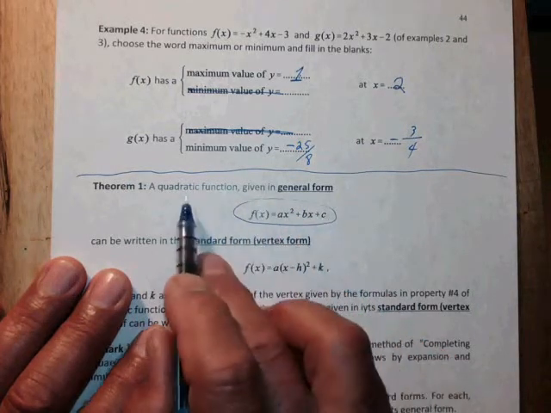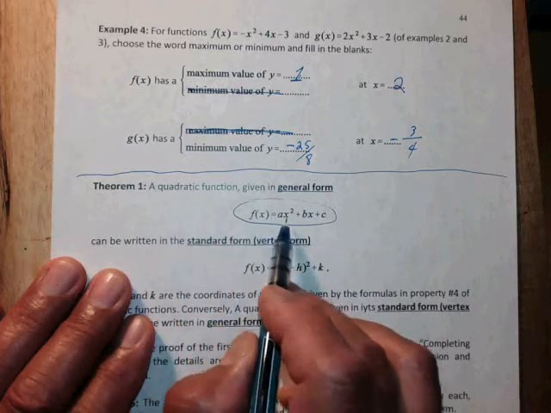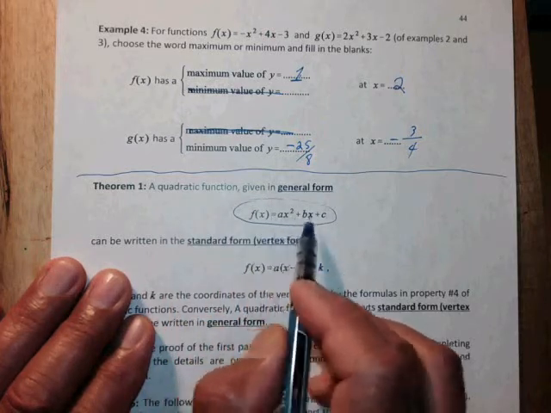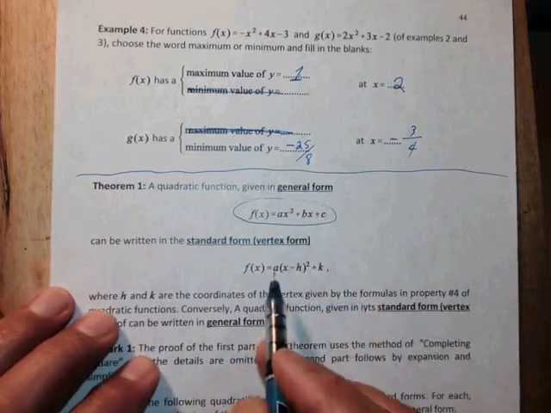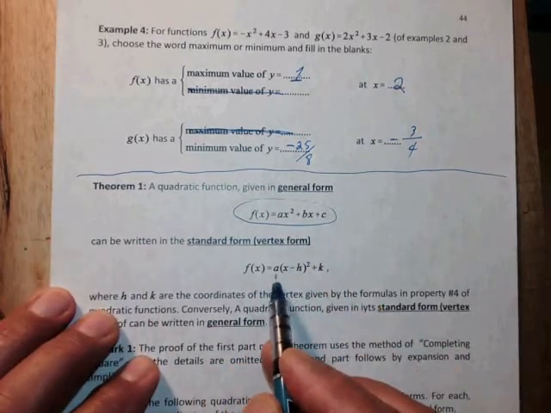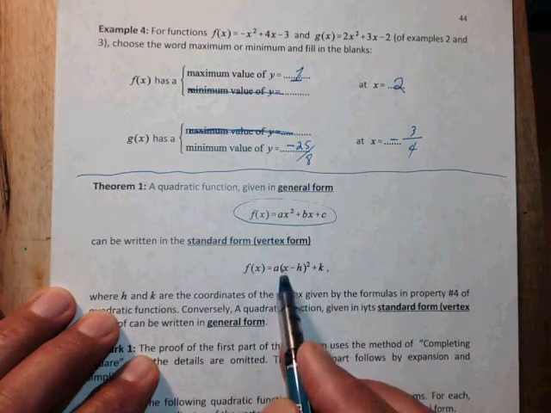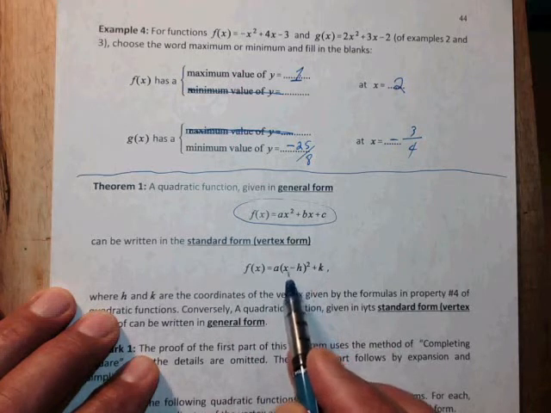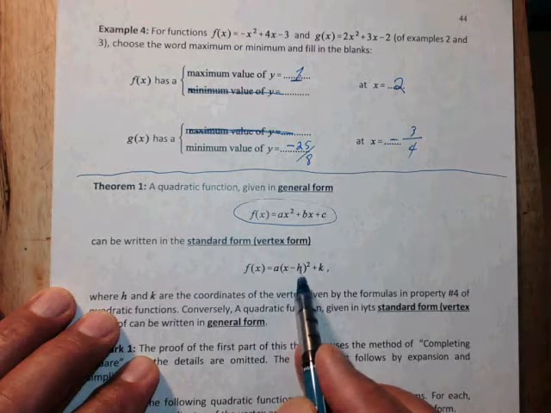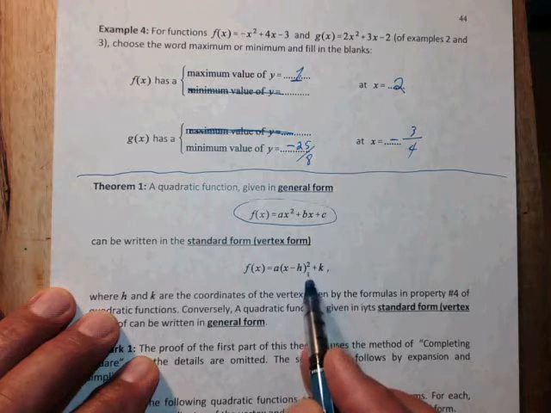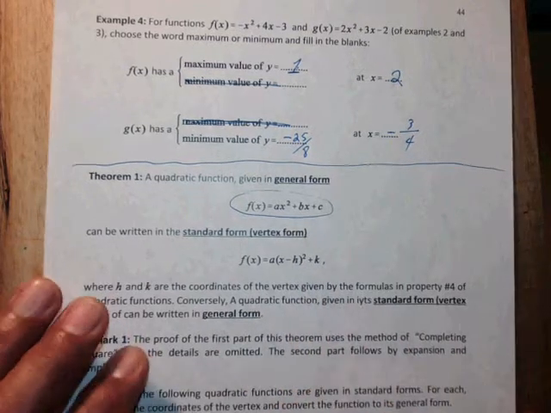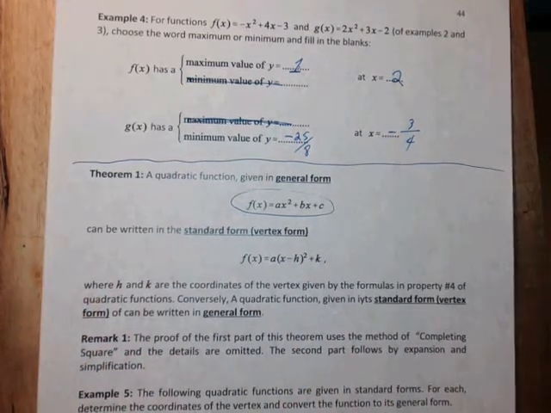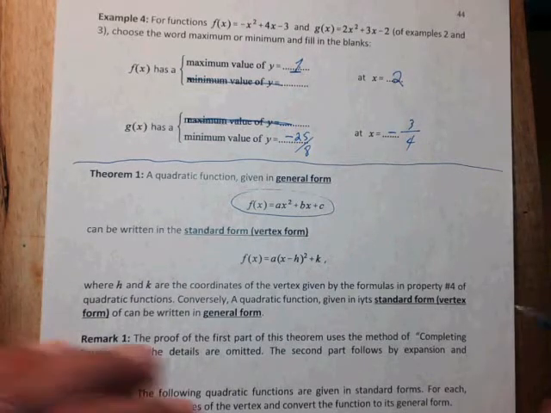But this theorem says that I can rewrite this form in this shape: a times a parenthesis, then inside the parenthesis x minus h to the power 2, plus k, and this h and k are the coordinates of the vertex, which is pretty nice actually.